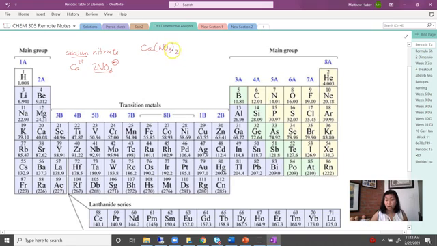Notice that I'm putting open and close parentheses because I'm dealing with two of these polyatomic ions. So one molecule of calcium nitrate contains one calcium atom. How many nitrogen atoms? 2 nitrogen atoms and 6 oxygen atoms. So you multiply that in.